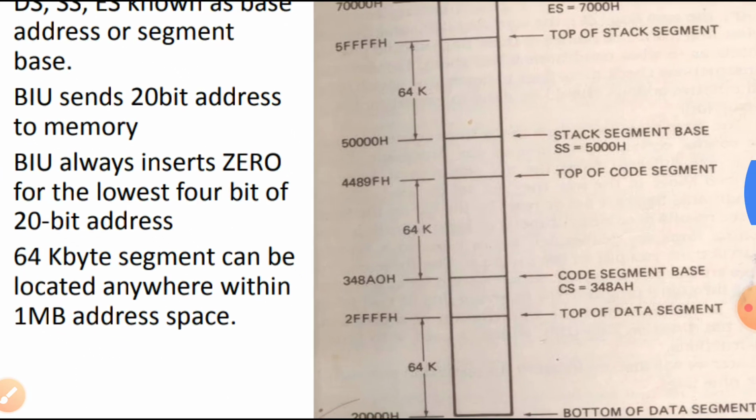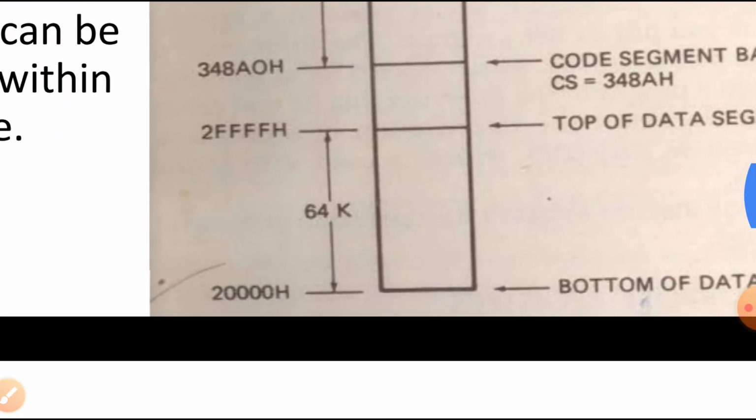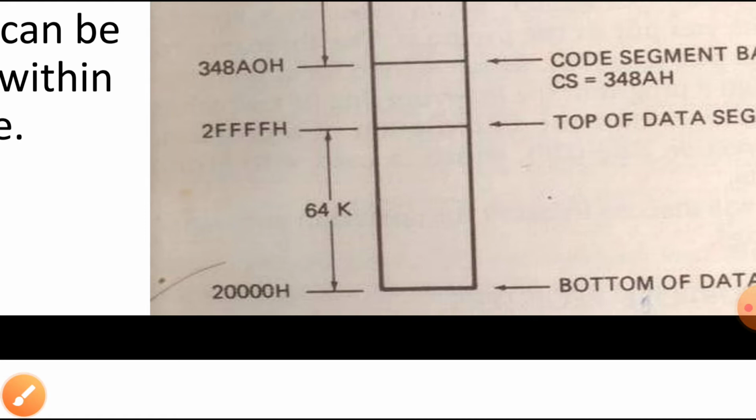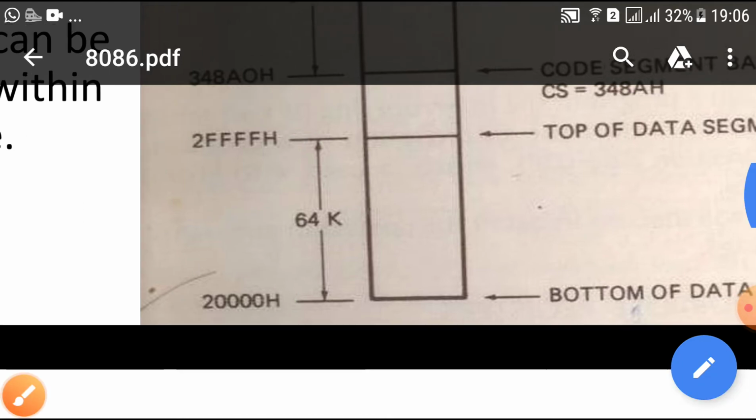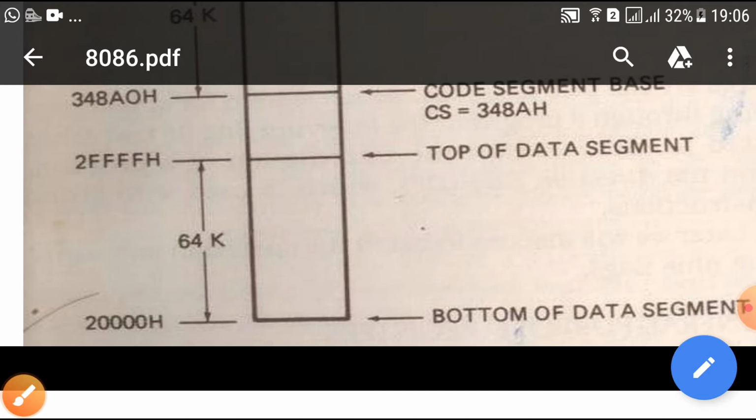Now, you can see this is the 20-bit starting address, and this is the 20-bit final address of what? Of the data segment. This is the data segment, and each individual segment is of 64 kilobytes, right from 20000 to 2FFFF, and there are 64K locations within that, and this is working as a data segment.